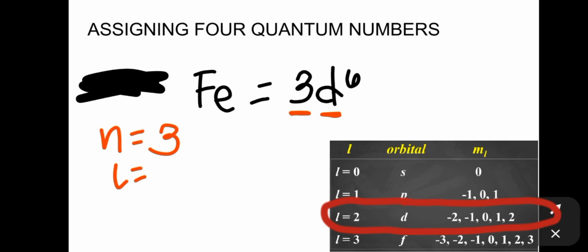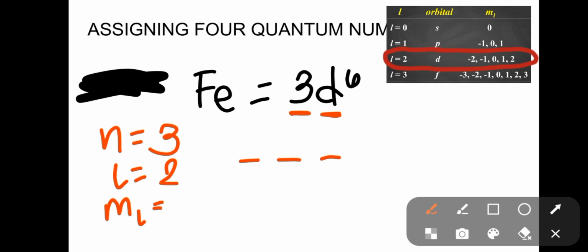Sa orbital ng letter D, we have the number 2. Next, yung ML. Dahil 2 yung L natin, meron tayong 5 orbitals here. 1, 2, 3, 4, 5. Meron tayong negative 2, negative 1, 0, 1, and 2.